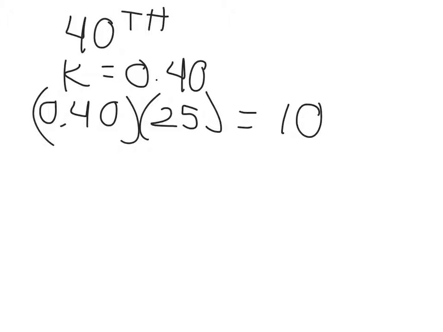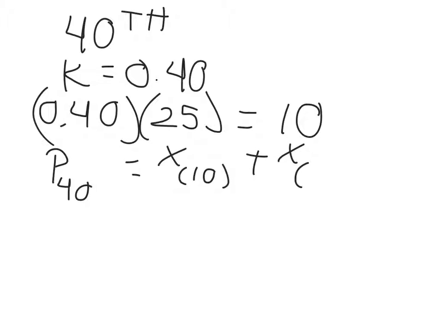Okay, whenever you have a plain integer, you're going to take the value at position 10, and then you're always going to take the next position up. You're going to take those two values, add them up, and divide by 2. Notice you're going to take the values at the positions.